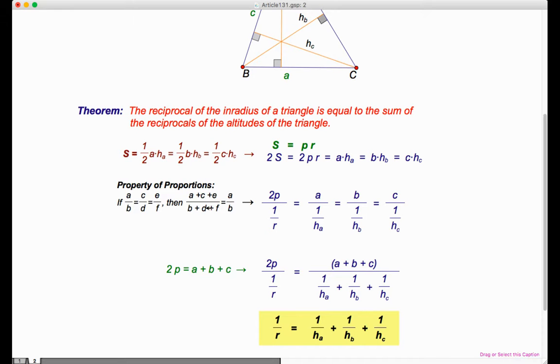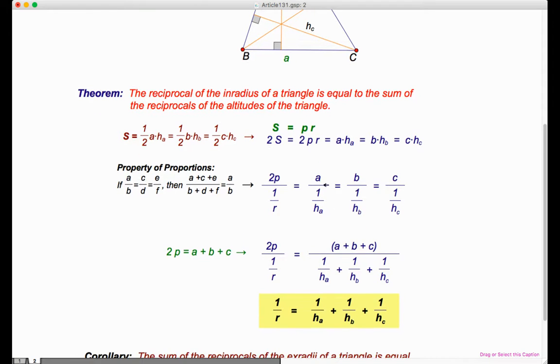The sum is the same thing as a over b, or any of these fractions. Hence, if I add the numerators, a plus b plus c, and I add the denominators here, the resulting fraction will just be equal to 2p over 1 over r, and that's it.